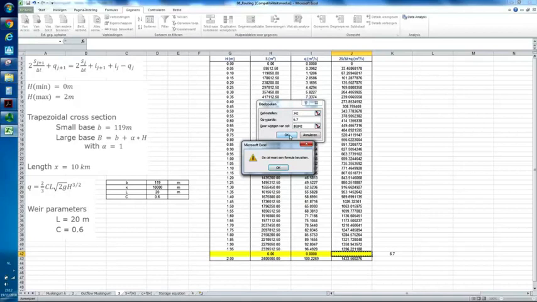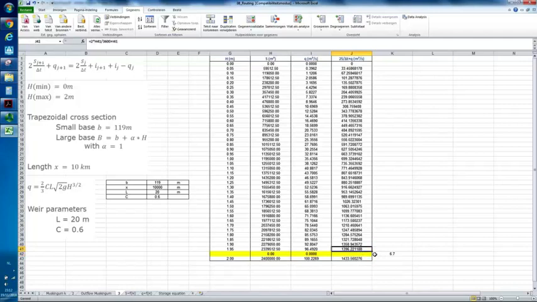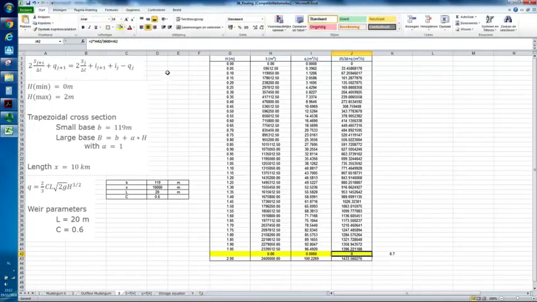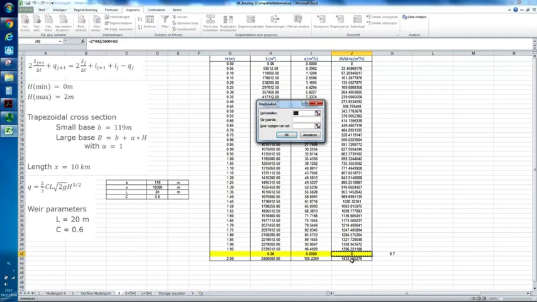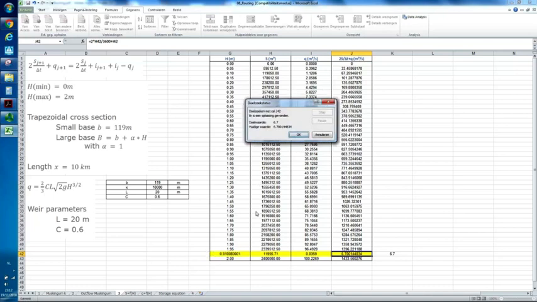And if we do that, I don't have a formula yet, so that's why it's not working. I need to drag this first, so that it is calculated in the correct way based on the h value. So let's do this again. So the what if analysis, goal seek, and we want to find the value of this cell equal to 6.7 by changing this cell. And if we do that, we get a value for h and a corresponding value for s and for q.